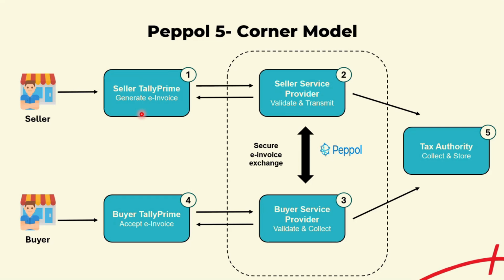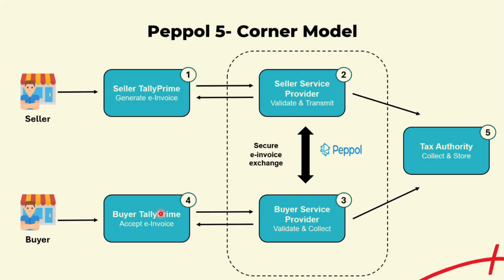Once you generate it, immediately Tally as an ASP will validate the content of the invoice, whether the data you have entered is correct or whether any information mandated by the law is missing, right? Once we validate that, we will then send it to your customer's ASP. Once your customer's ASP validates, the invoice will be sent to your customer.